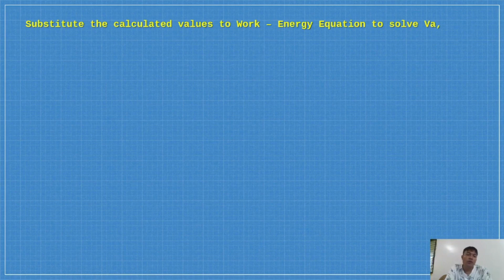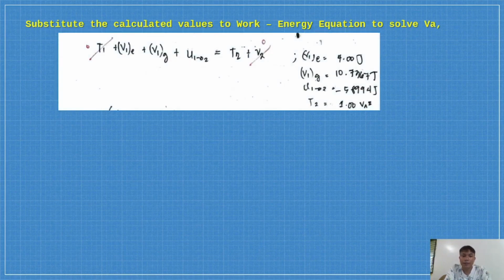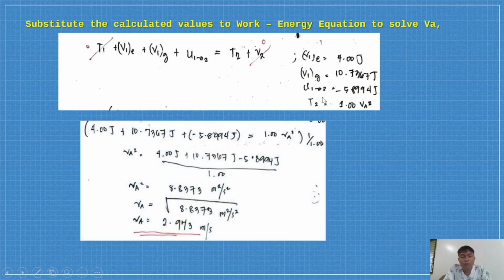Now, we have to substitute the calculated values into the work-energy equation to solve VA. Since there is no VA at the start, T1 is 0, and T2 is 1 VA square. We have the values of V1E and V1G plus the work of force. So 4 joule plus 10.7367 joule plus negative 5.8994 joule is equal to 1 VA square.